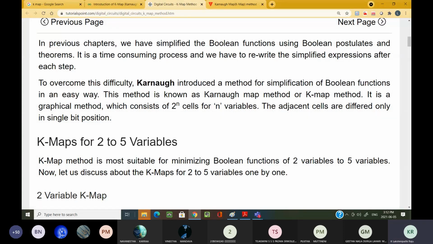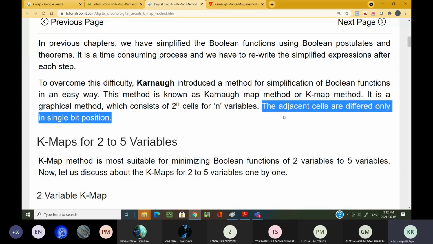This method is known as Karnaugh map method or simply K-map method. It is a graphical method which consists of 2 power n cells for n variables. The adjacent cells differ only in a single bit position. Don't worry, I will tell you what these adjacent cells are and why they differ by 1 bit; we are going to see that.